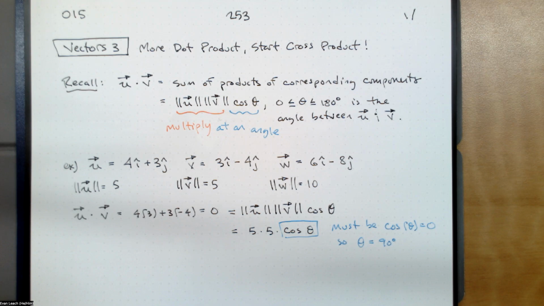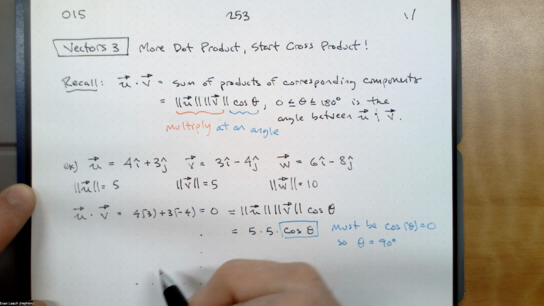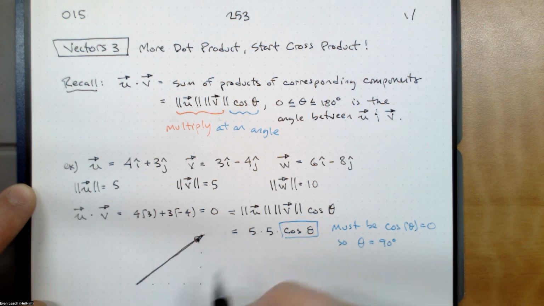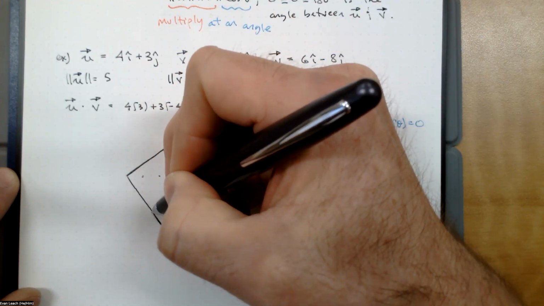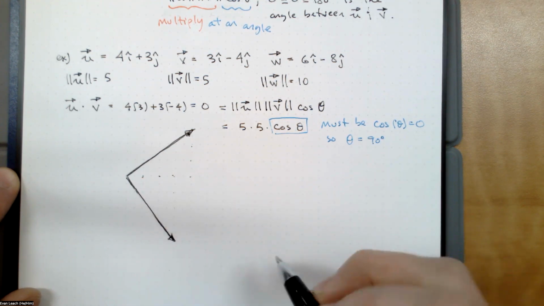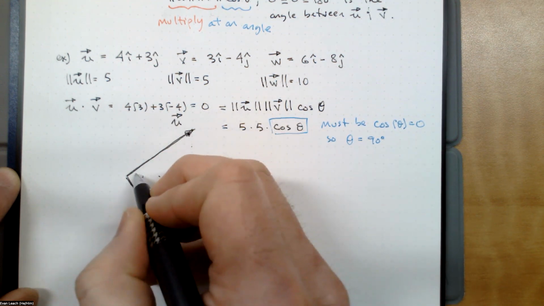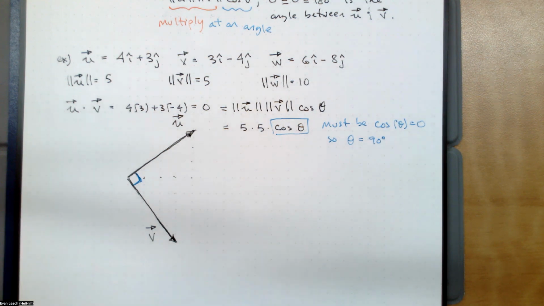If we have a product that's equal to 0, then one of the factors must be equal to 0. So what we have found out is that the angle between u and v must be 90 degrees.